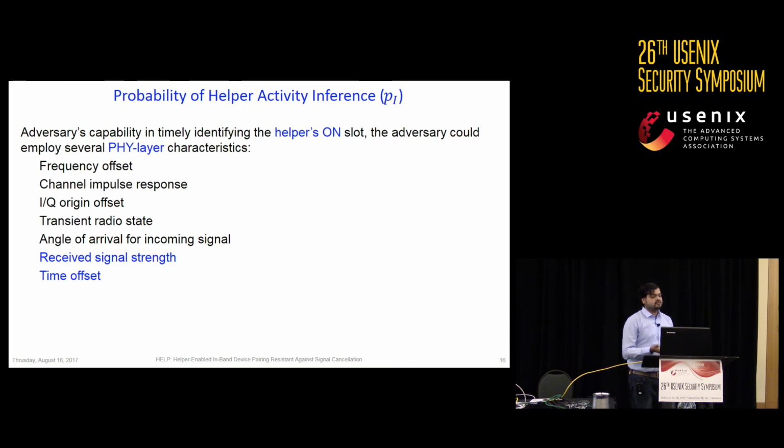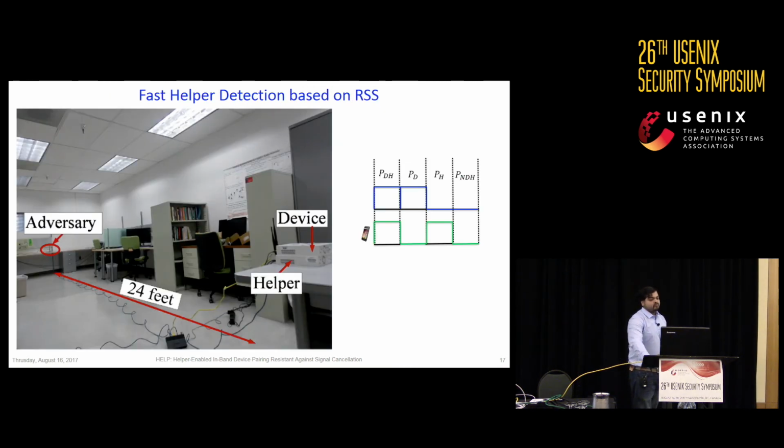So we look into the received signal strength and time offset. For this, we performed experiments on a USRP platform, where we placed a device on top of a helper and placed the adversary Mallory at a distance from it.